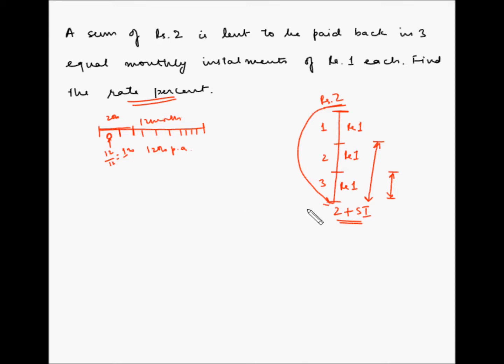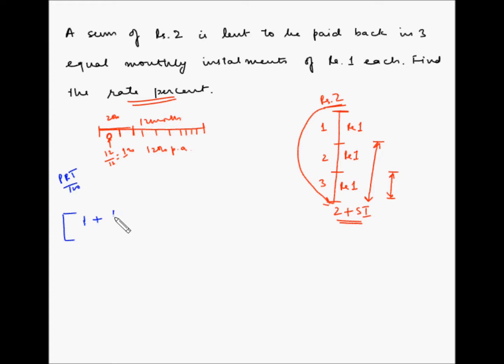So let's express this in the form of an equation. So let's first consider the first installment, which is rupee 1. So rupee 1 plus the interest that he's saving by paying this installment early. So the interest is PRT by 100.